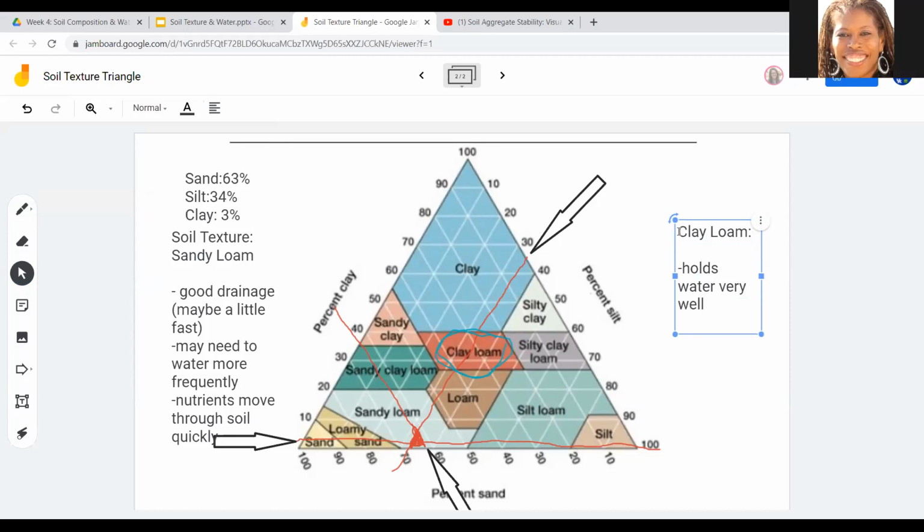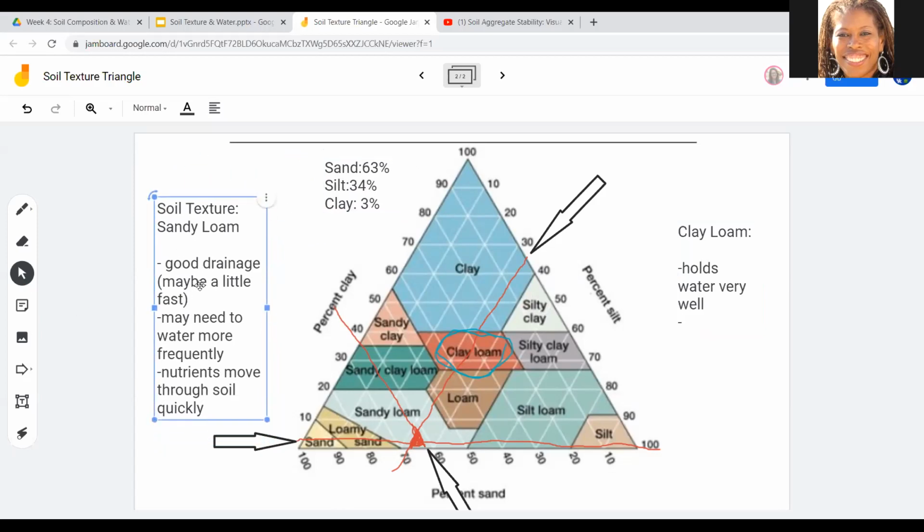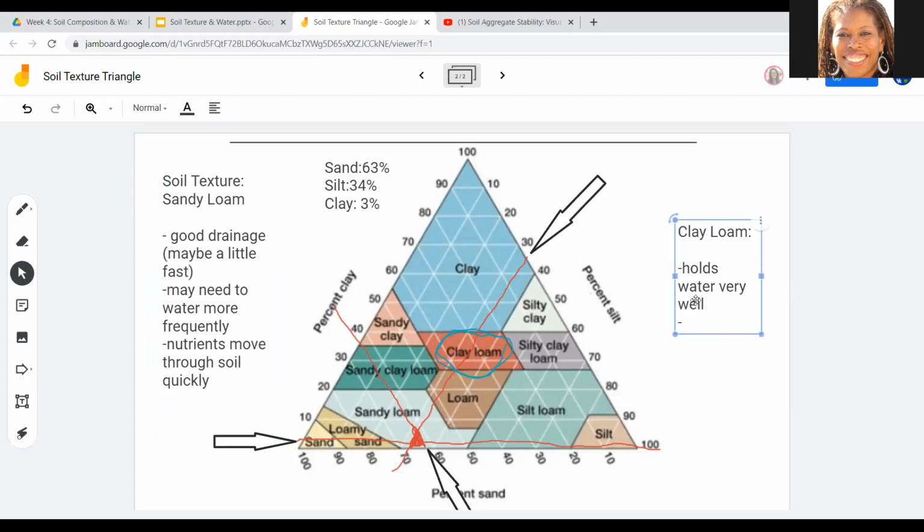Would having either sandy loam or clay loam impact the roots going through as well? Their ability to move through the soil? Yes. What would you think? Well, I was thinking that you might want some of the sandy loam so the roots can get through the soil and spread out.